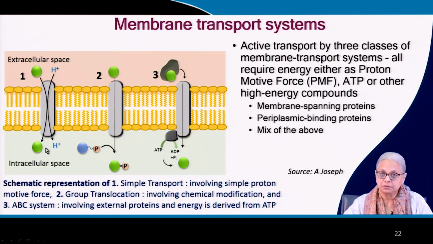That is, along with the dissipation of the proton motive force, you have transport of the substrate. Then you have group translocation. In this case, the best example is glucose 6-phosphate. When glucose has to enter the cell, it cannot just freely diffuse into the cell. It comes in, it gets phosphorylated, it's converted to glucose 6-phosphate, and then it comes in.